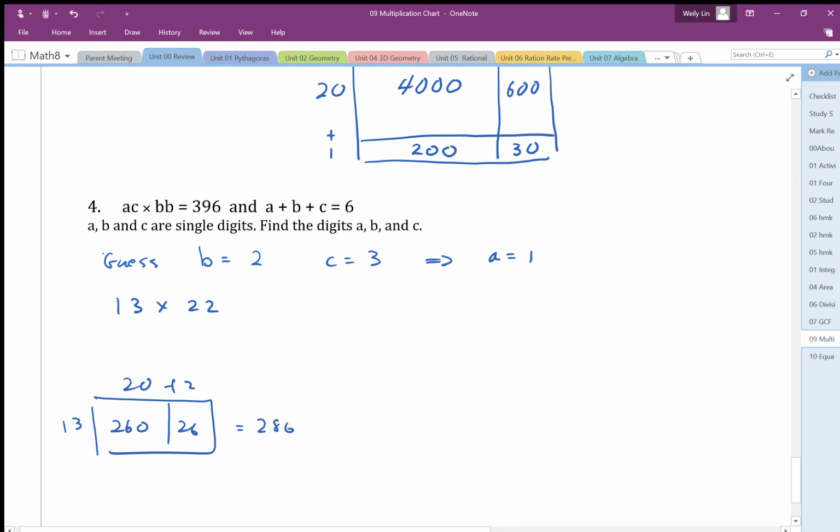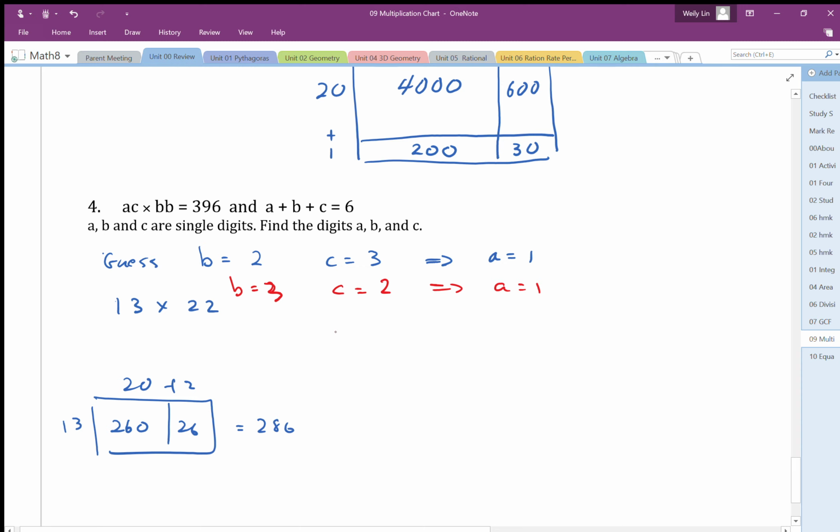Now what we could do to make this a little bit bigger is switch the B and C around. And we still have the same property. So B equals 3, C equals 2. And that still implies that A equals 1, based on this statement up here.